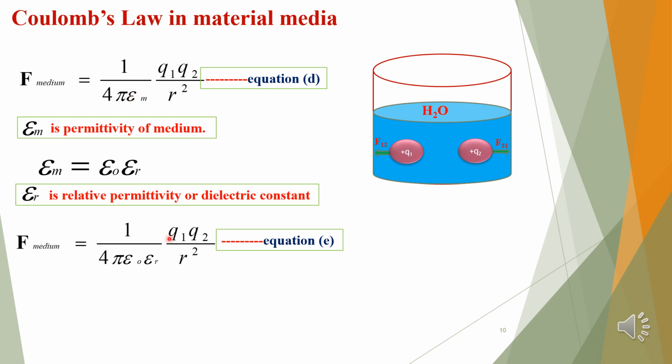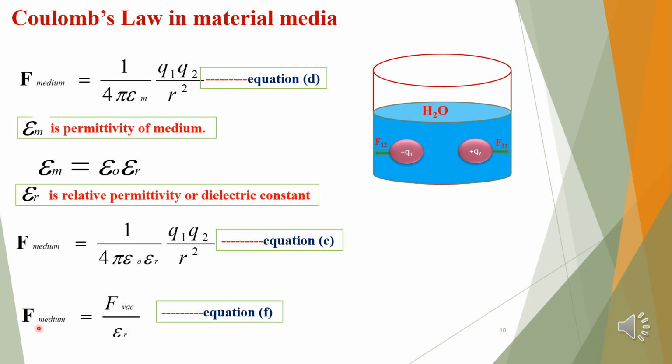By putting the value of epsilon m into equation number D, we get equation E, which is F medium is equal to 1 upon 4 pi epsilon naught into epsilon r, into Q1 Q2 divided by r square. By separating epsilon r in this equation, we get F vacuum divided by epsilon r.